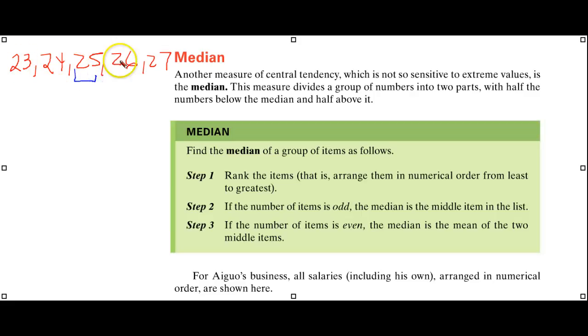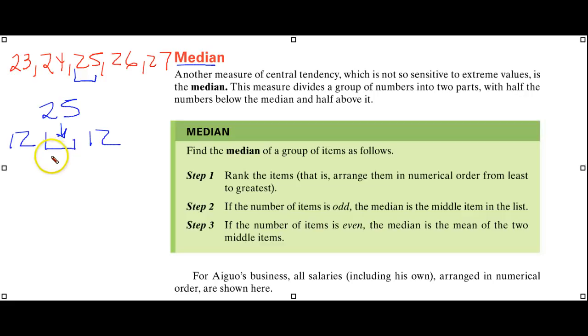So 2 on this side, 2 on that side, this is your median. And if there were 25 items, there would be 12 on this side and 12 on this side, and the middle item of that 25 that were ranked from least to greatest would be the median.